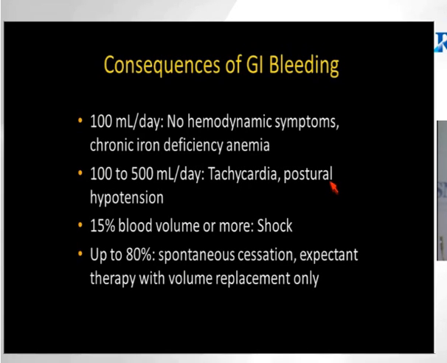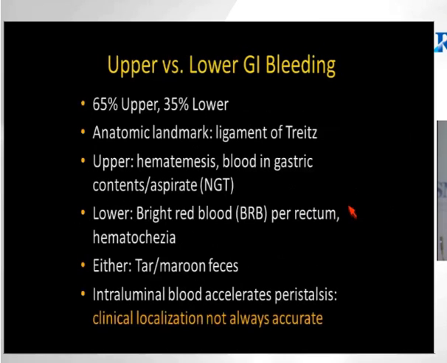More than 15% volume blood loss can lead to shock, hypovolemic shock. And a very important point for us imagers to remember is that the vast majority of these patients who present to the ED with acute GI bleed will stop bleeding spontaneously, and we'll never see them in our imaging suites.